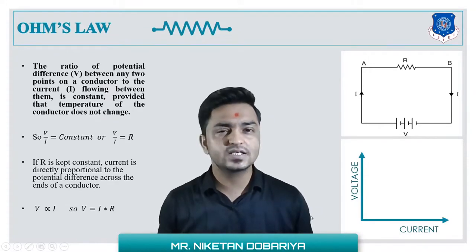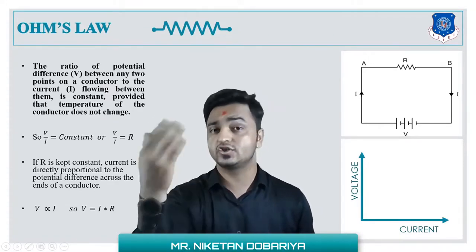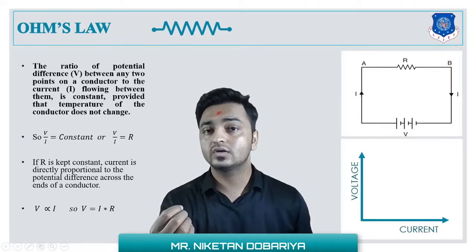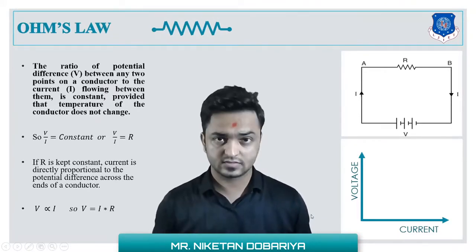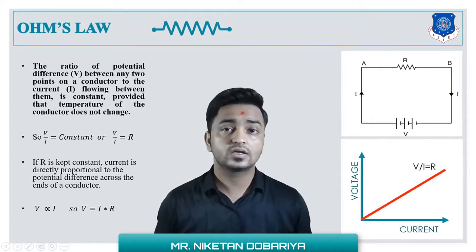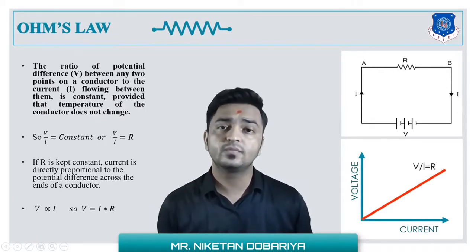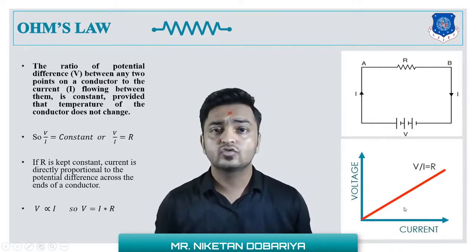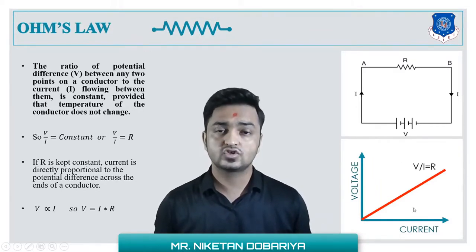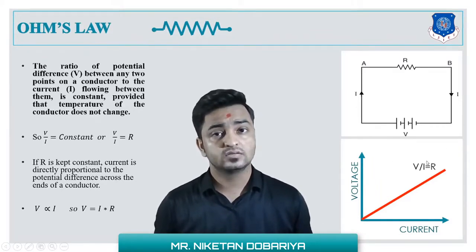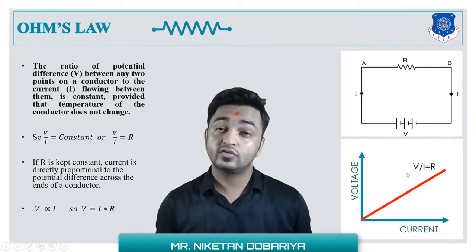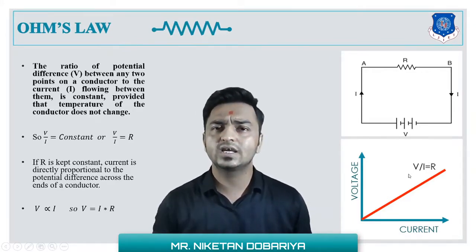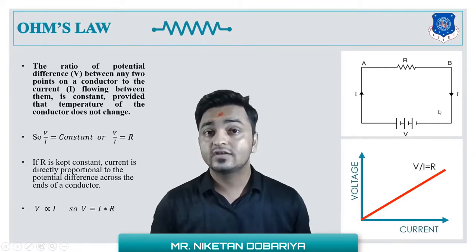If we change the value of voltage and measure the effect on current, and plot the waveform, it is going to be linear, as shown in this diagram. The slope of this waveform is y by x, that is voltage by current, and that is going to be R.